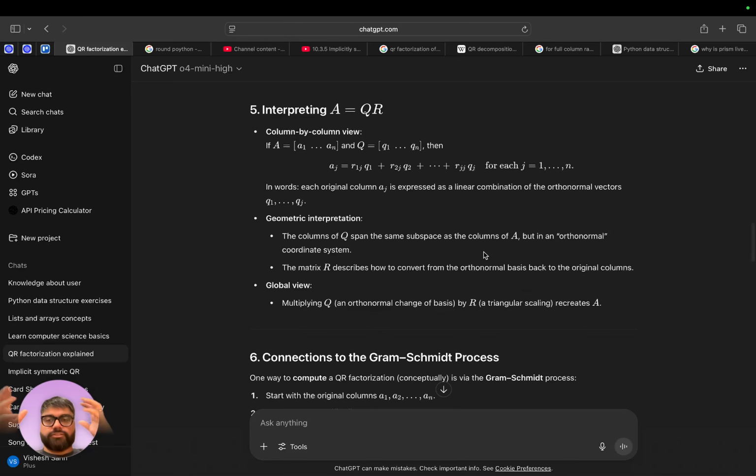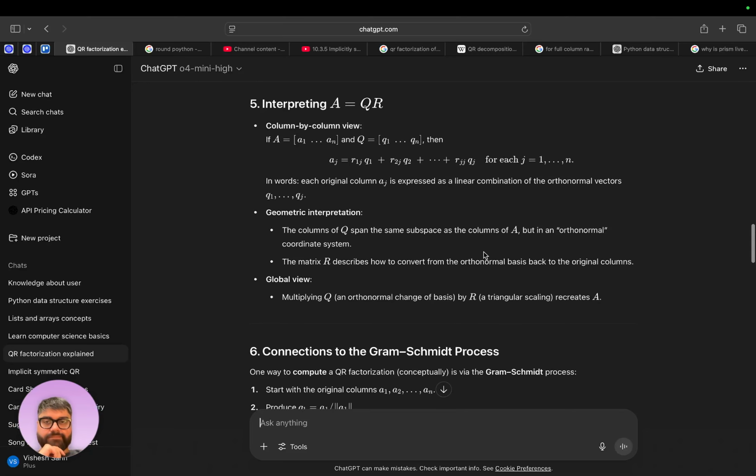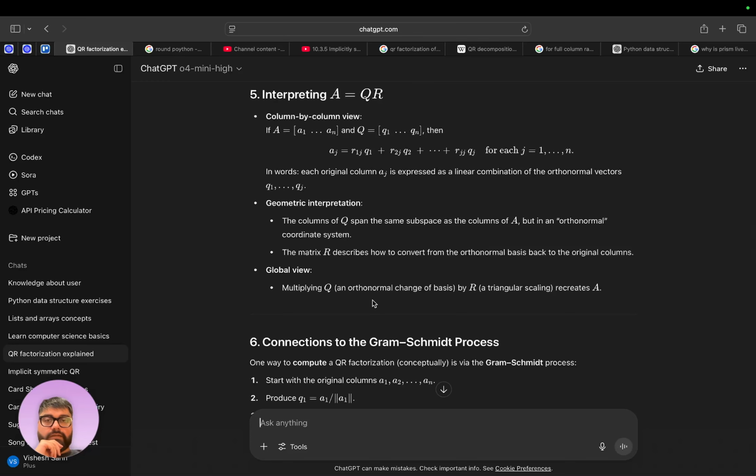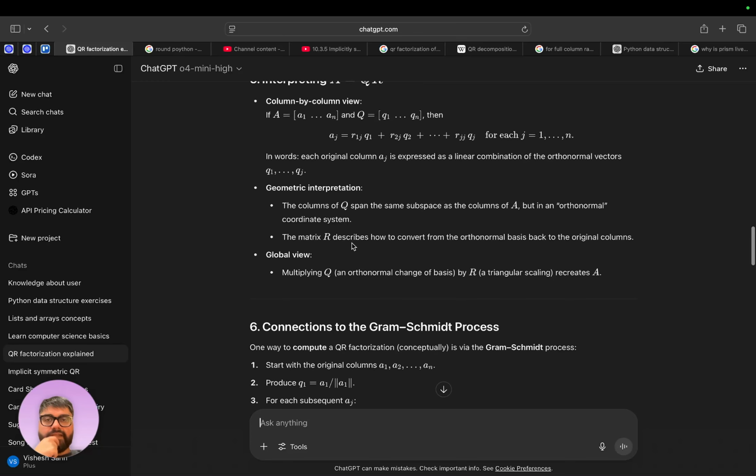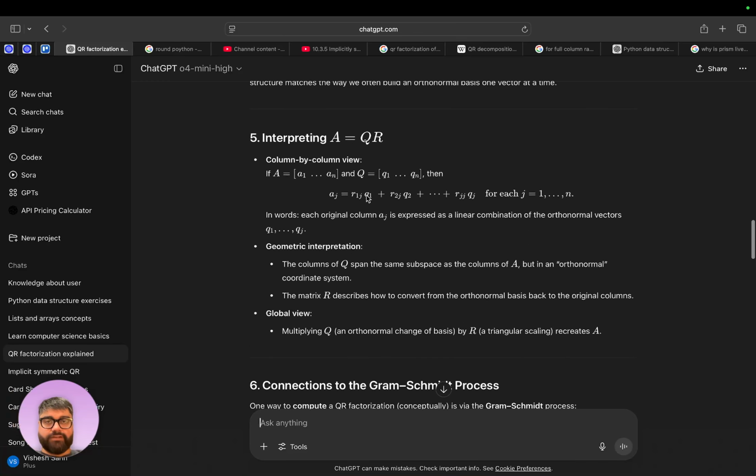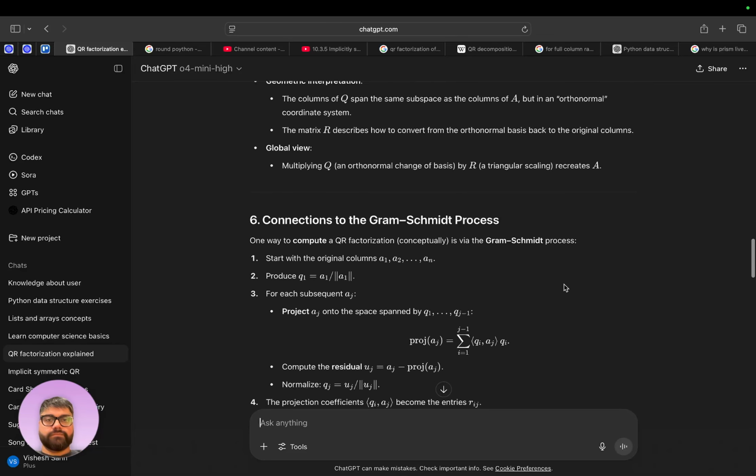The geometric interpretation being that Q spans the same subspace as A, but it's just the basis vectors, and R showcases the scaling, essentially. It's very straightforward. QR, you do that multiplication, you get A, no problem.